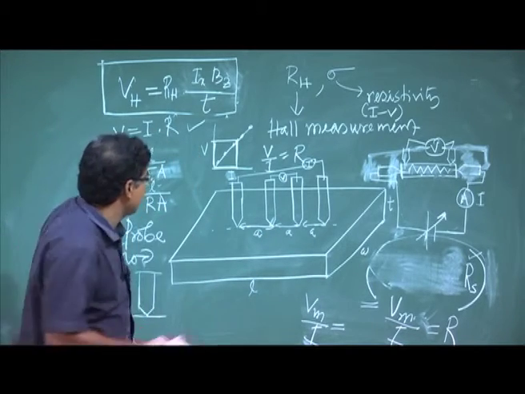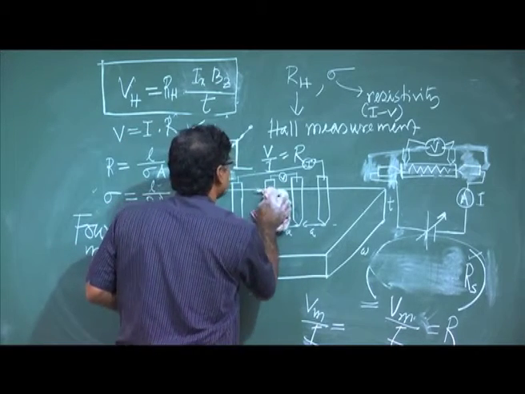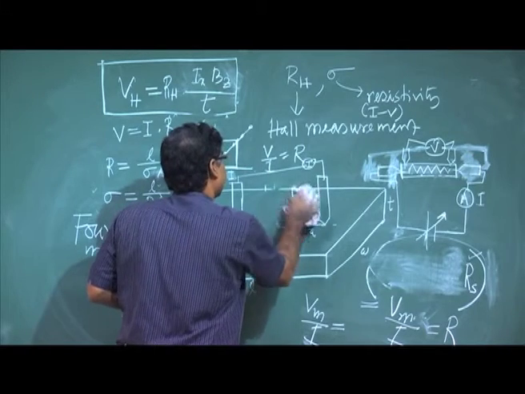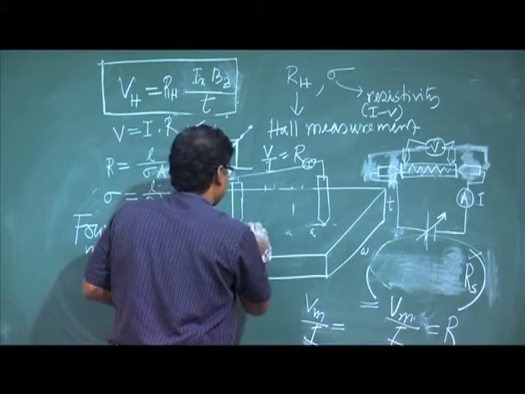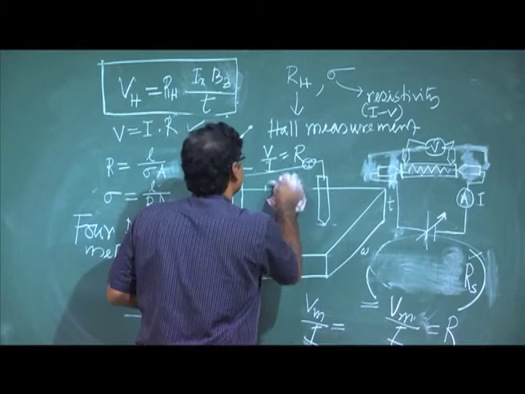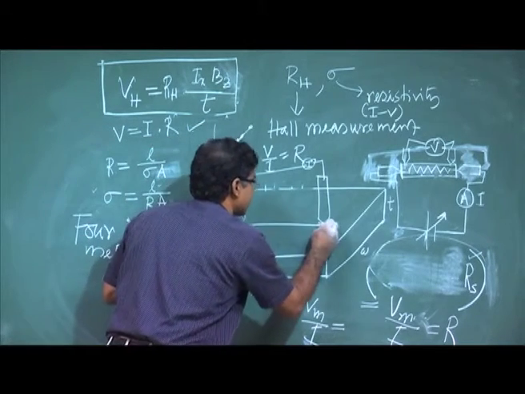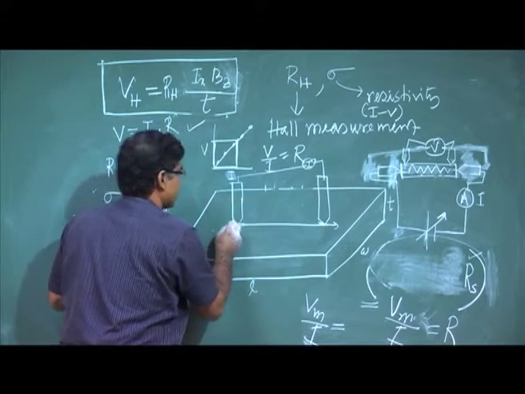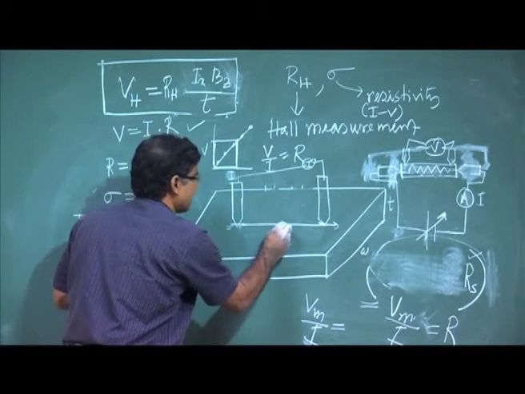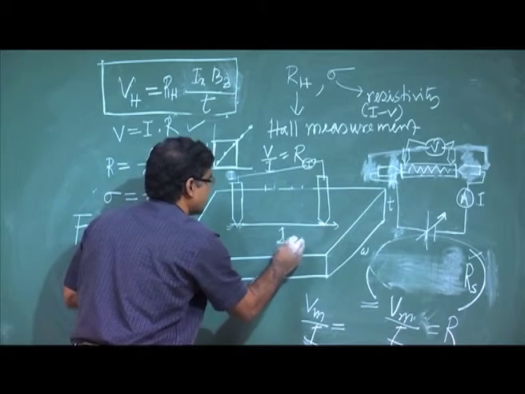But for Hall measurement what do we do? For Hall measurement, these 2 probes we use for supplying current. Okay. So, this is Jx or Ix.